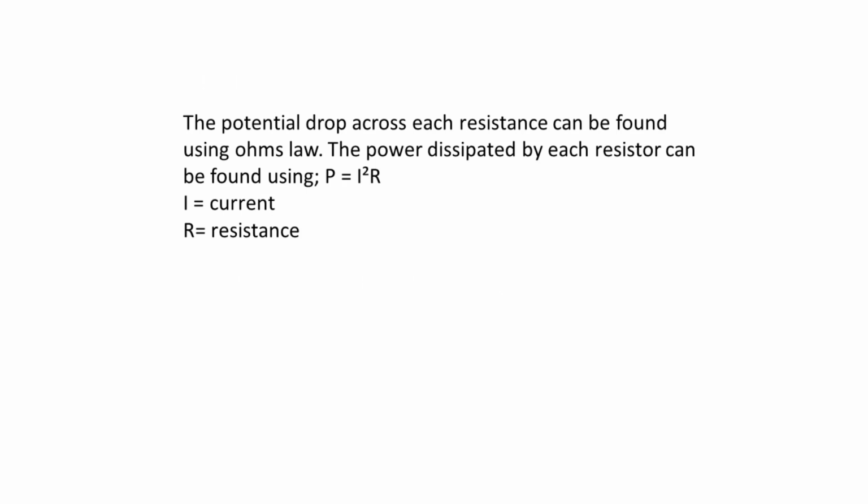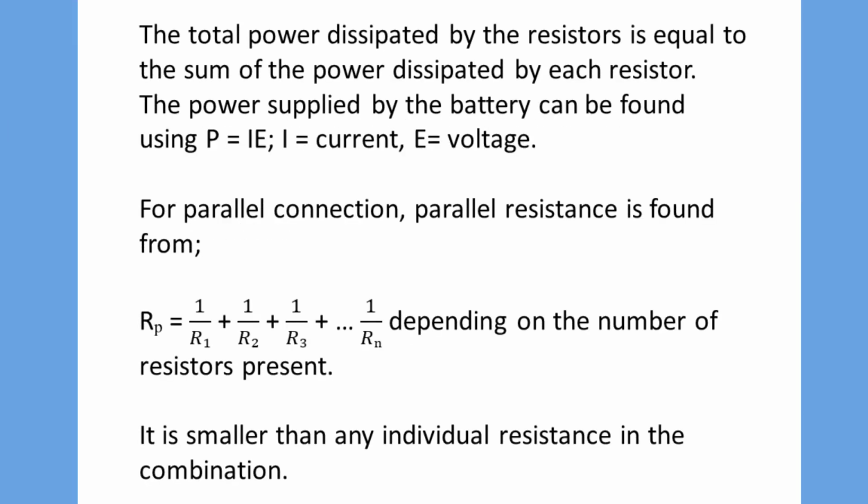The power dissipated by each resistor can be found using P is equal to I squared times R, where I is the current and R is the resistance. And the total power dissipated by the resistors is equal to the sum of the power dissipated by each resistor. The power supplied by the battery can be found using P is equal to I times E.